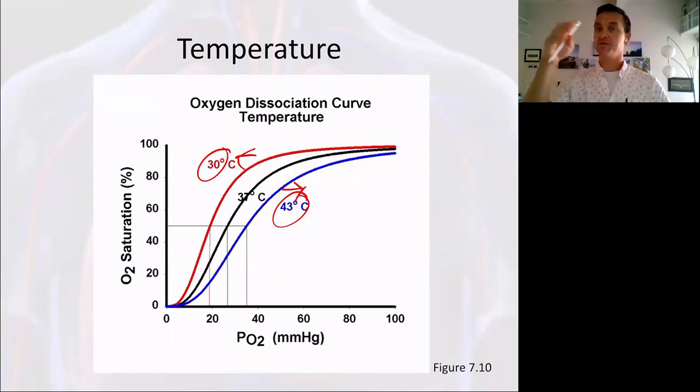Using up more oxygen, which produces heat, produces CO2, produces hydrogen ions. All three of those things lead to us dropping off more oxygen, which makes perfect sense, right? And that's the wonderful thing about physiology. It makes sense, right? If we're exercising more, we're using oxygen, producing CO2, producing heat, producing hydrogen ions. So all those things result in us dropping off more oxygen so we can use it, okay?